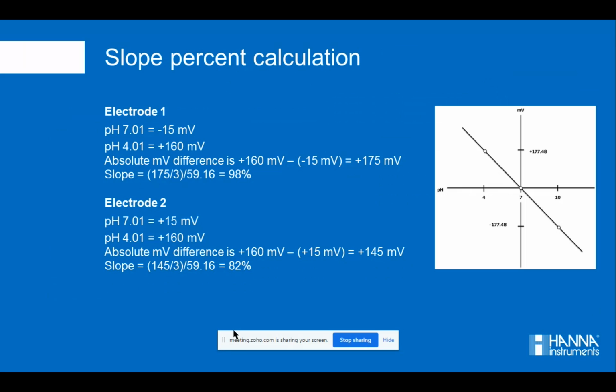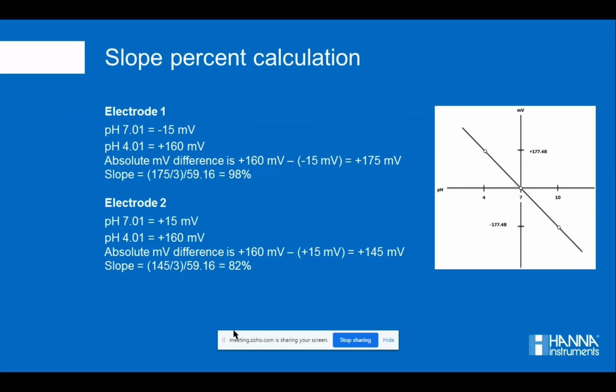If you could see on your screen the slope percentage calculation, there are two examples of two electrodes, electrode 1 and electrode 2. Electrode 1 is calibrated at 7 and 0, and electrode 2 gives a similar result.